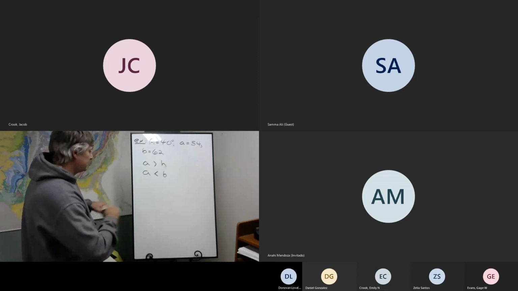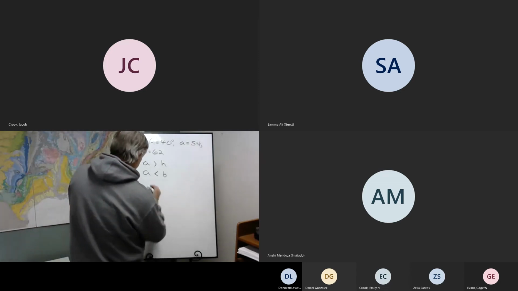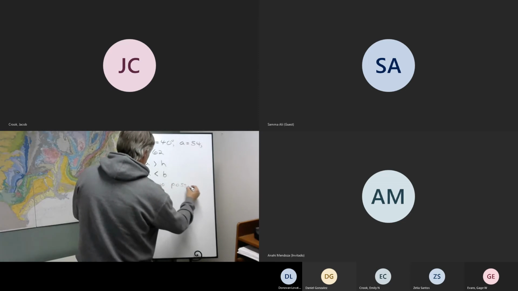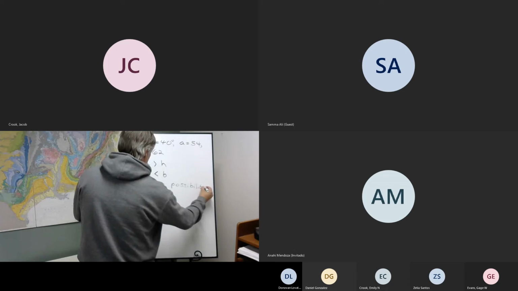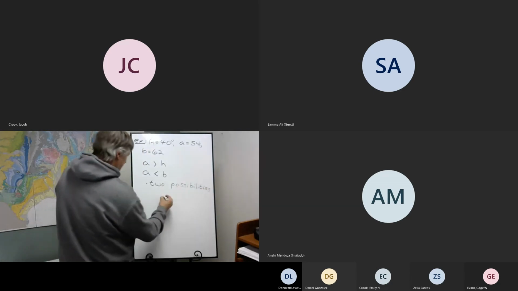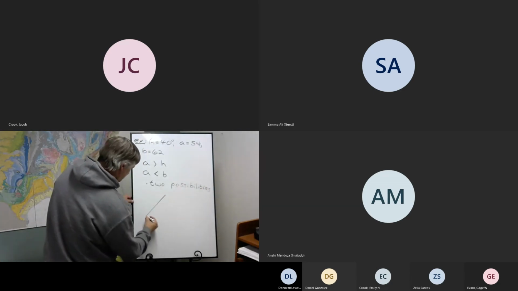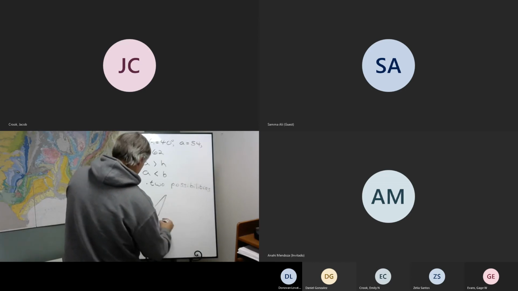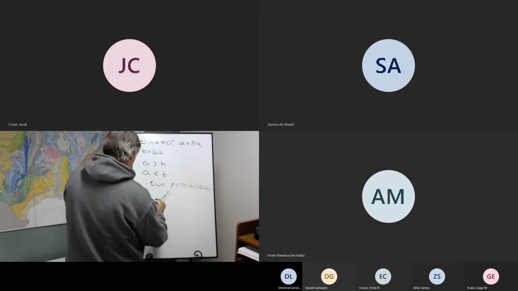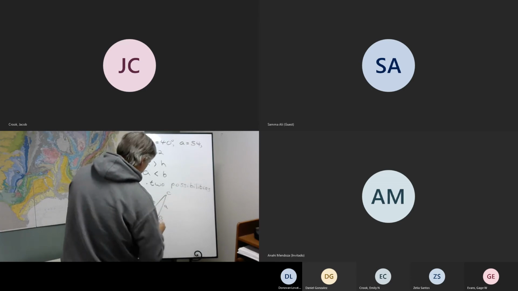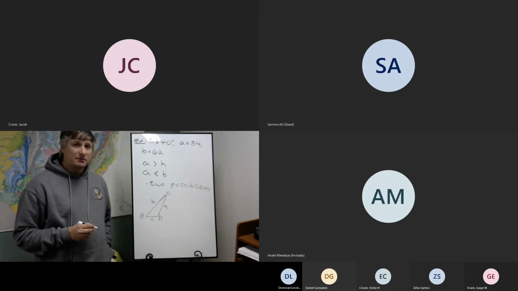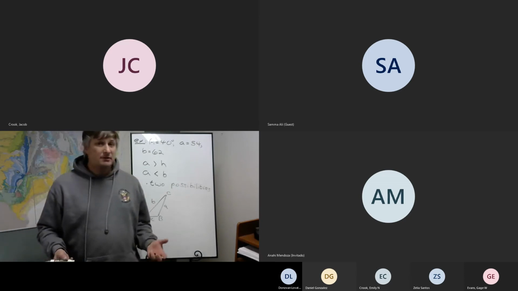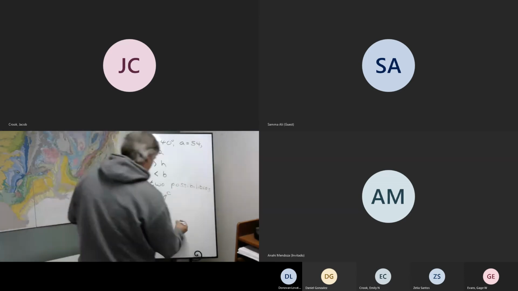One possibility is going to be this. We could have a triangle like this. The other possibility, and this is a triangle we're going to need to solve as well, could be this.